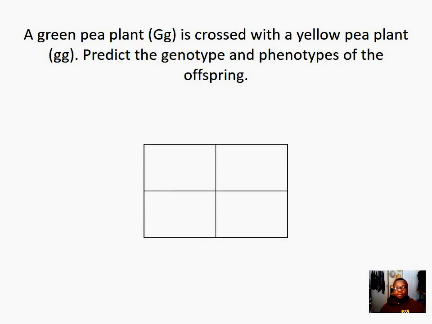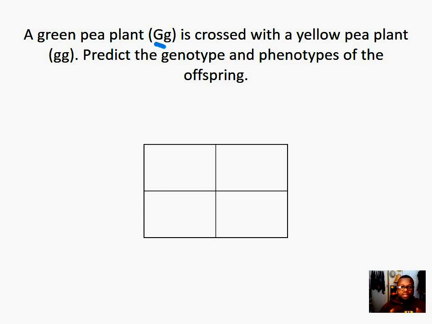Now, look at the same problem again. This time, a green pea plant is crossed with a yellow pea plant. Predict the genotype and phenotypes of the offspring. Well, there are several assumptions in this statement. Because we have a capital G here, green has to be a dominant trait.